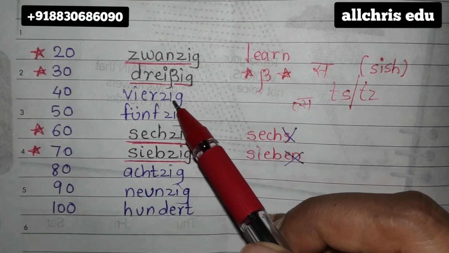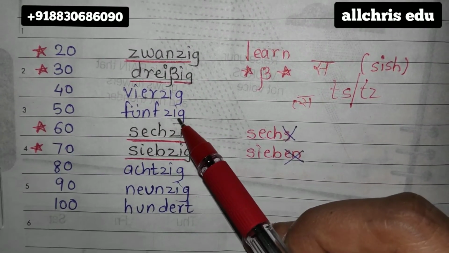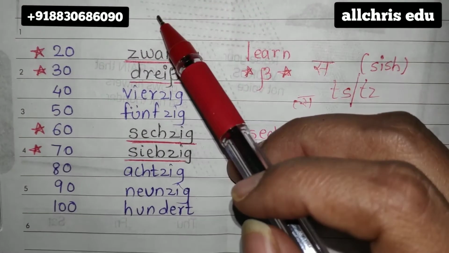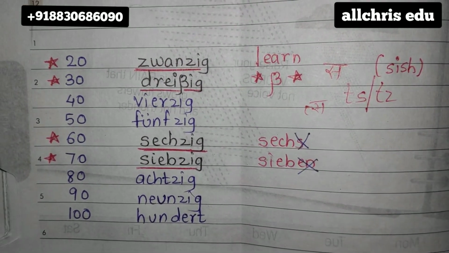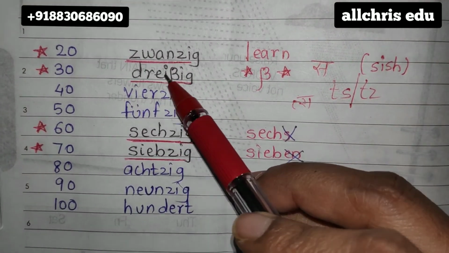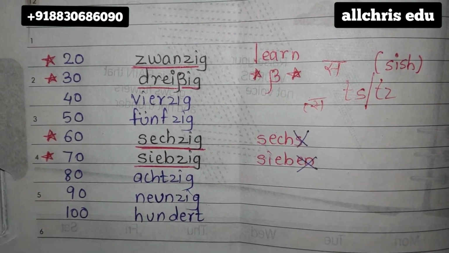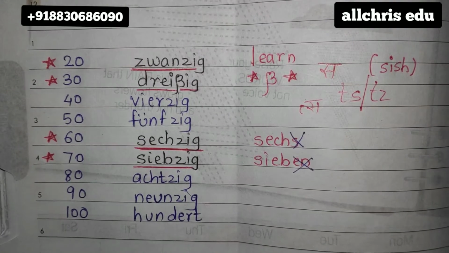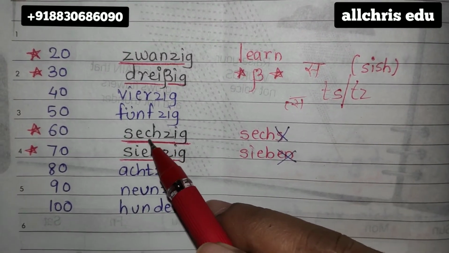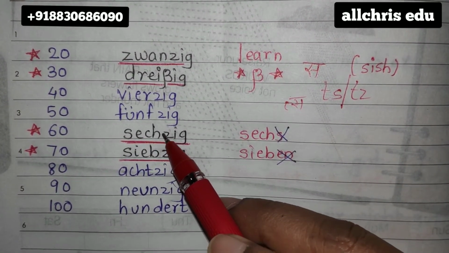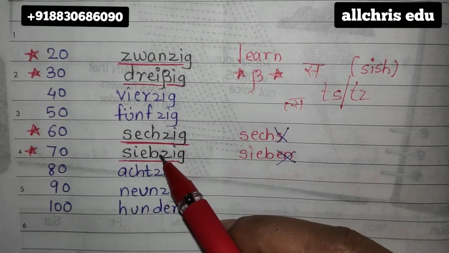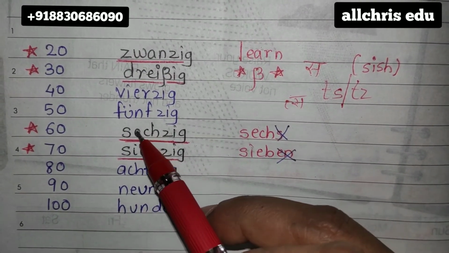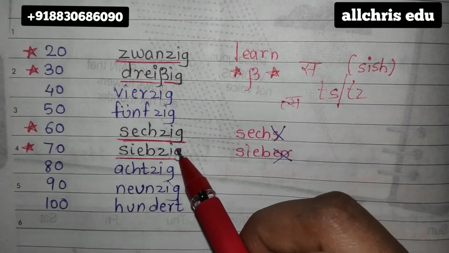20, 30, 40, 50. We cannot say zwei-zig for 20, so I told you all to learn it and keep it. Otherwise, from 30 to 90 you can say it like 3, 4, 5. Here again, Z and S cannot come together, so we have removed S, and they both are best friends, so remove something here also. 60, 70.